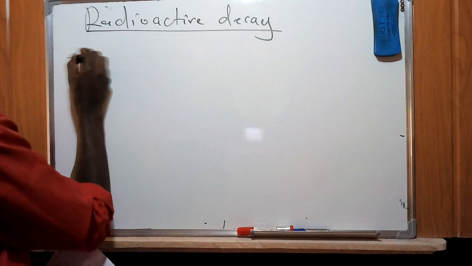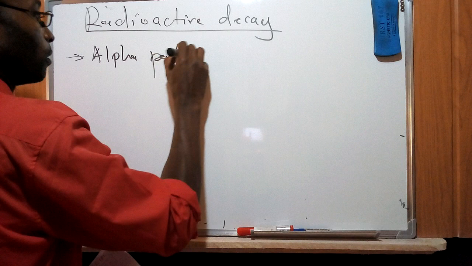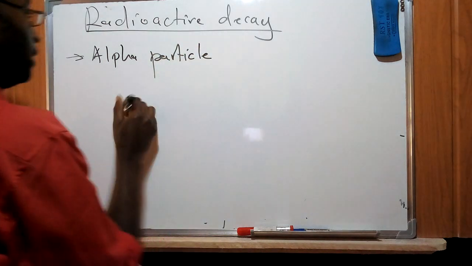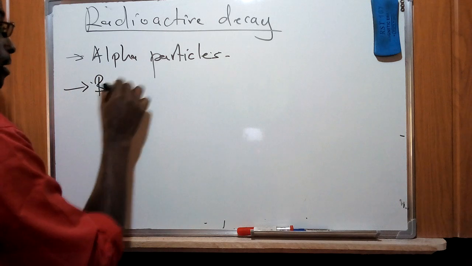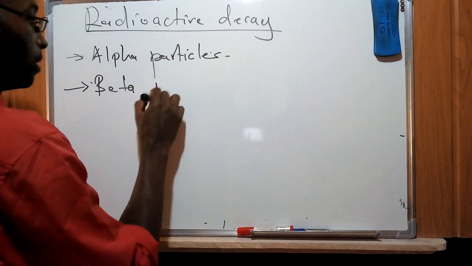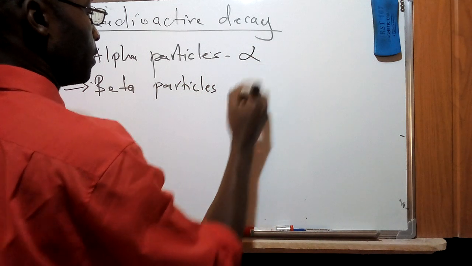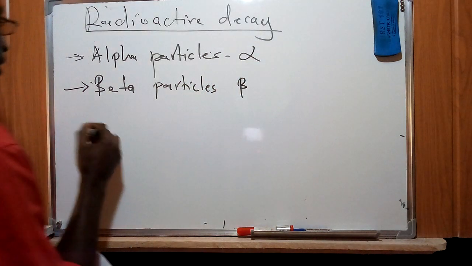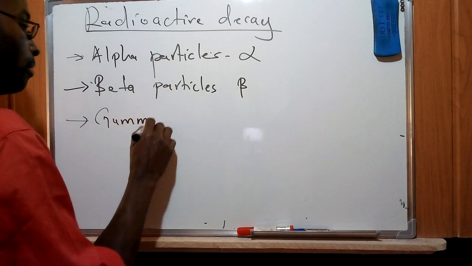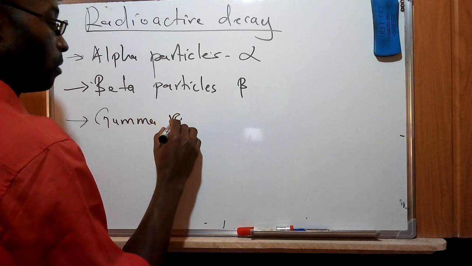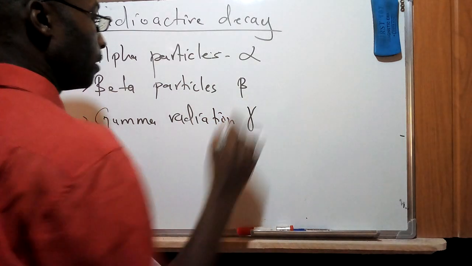Now, the first one is alpha decay, the release of alpha particles. And then the second one is the release of beta particles, which are denoted as such. And then we have the emission of gamma rays, or gamma radiation, which is denoted as such.